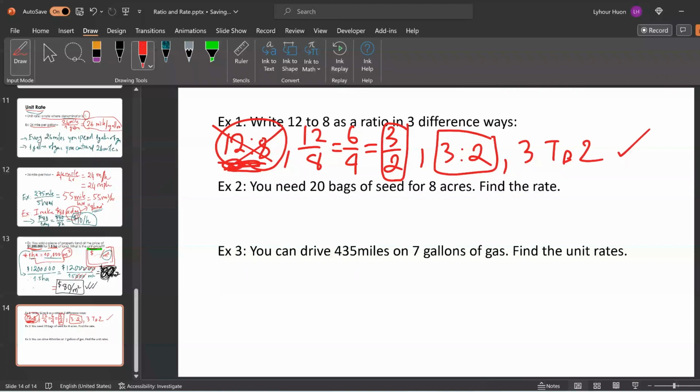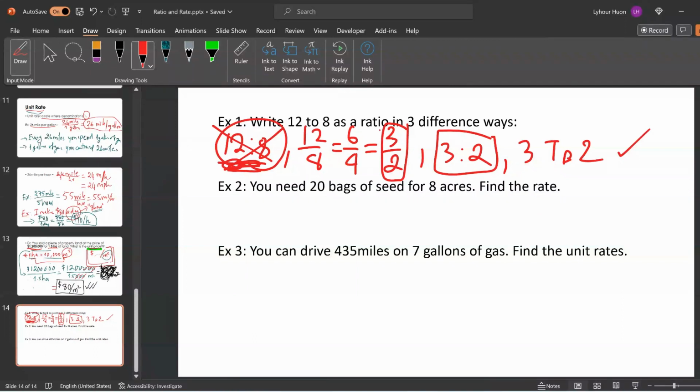Now, number 2, you need 20 bags of seed for 8 acres. Find the rate. What is the difference between ratio and rate?